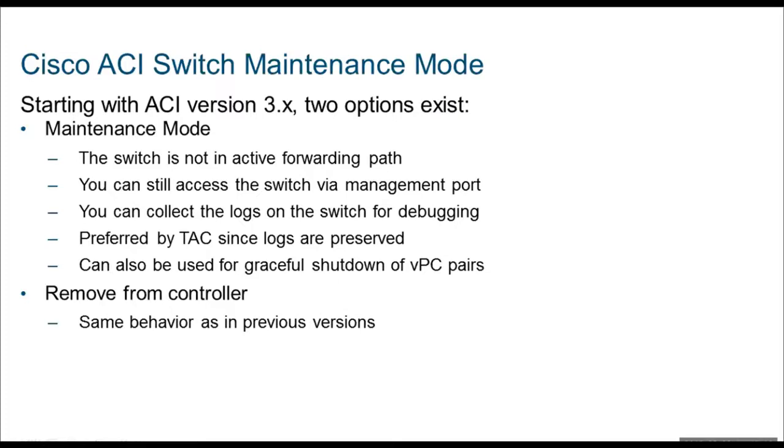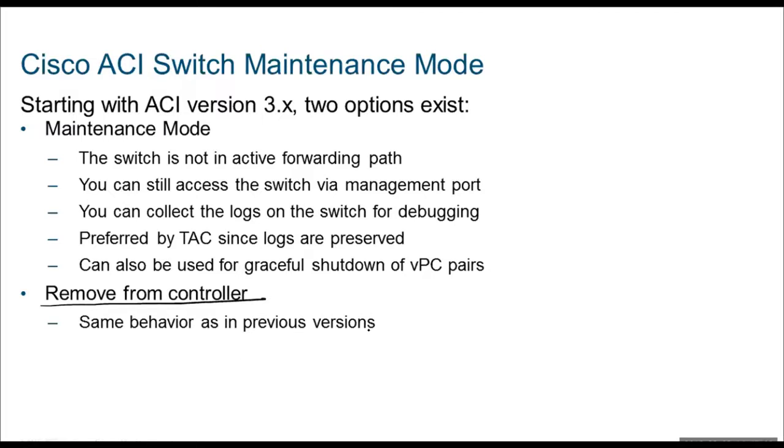Now, in versions prior to 3, so this one's showing you what are the options available with 3 and later. Prior to 3, there were 2 options to decommission your switch. One was, of course, remove from controller, which is still there. Okay. It'll completely remove the switch from the fabric, and the APIC and will no longer show up in fabric membership as a registered node.